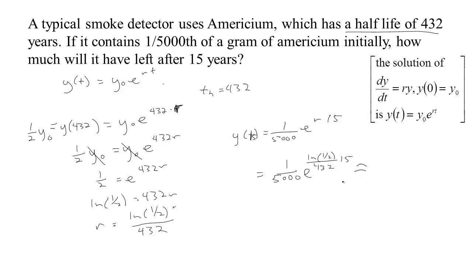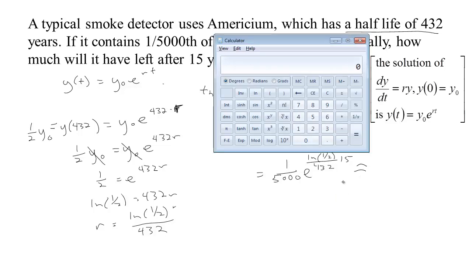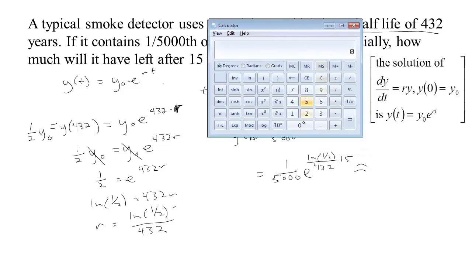And we can figure out what that number is if we use our calculator. At least we can approximate the answer. So we need to start off with 1/2, so 1 divided by 2, that's 0.5, and take the natural log of that number, and then multiply that times 15, and divide by 432, and take e to that number.